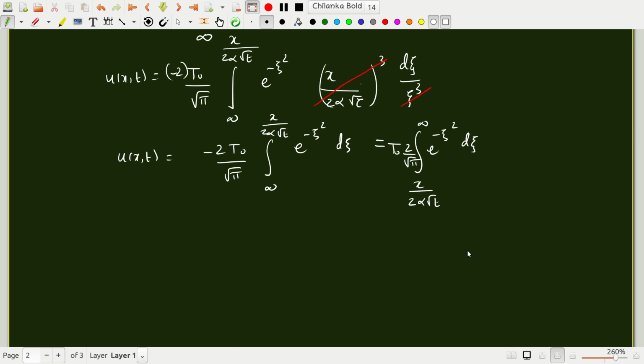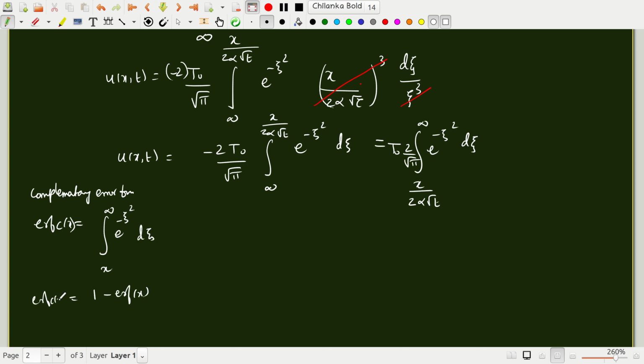Now there is a special function called the complementary error function, which is related to the error function we discussed in the last lecture. The complementary error function of x is 2 over root pi times the integral from x to infinity of e to the minus z squared dz, and this is the same as 1 minus error function of x.